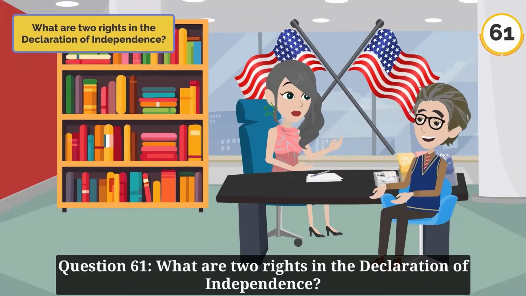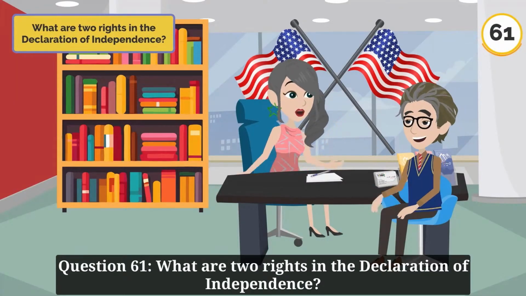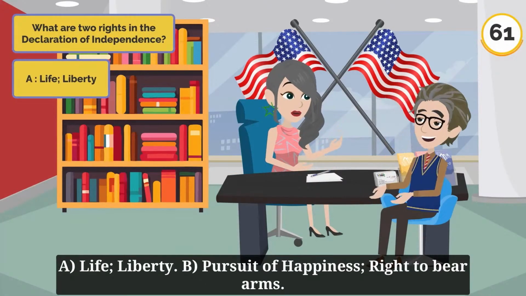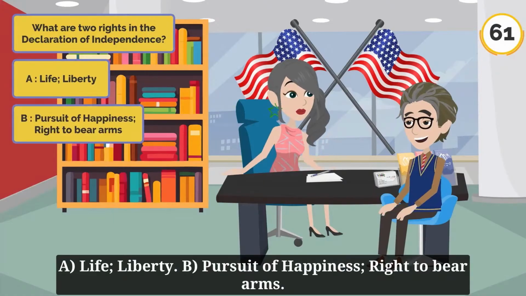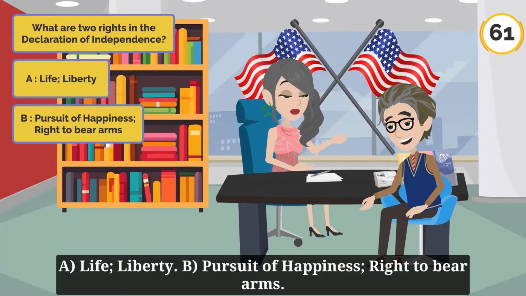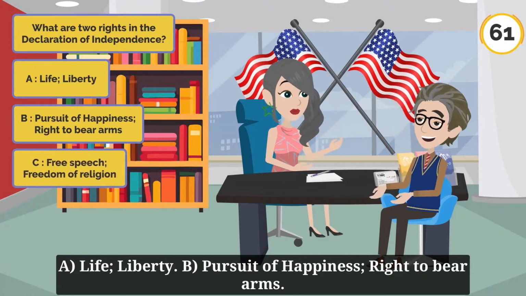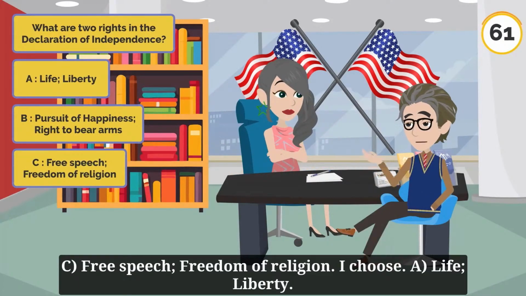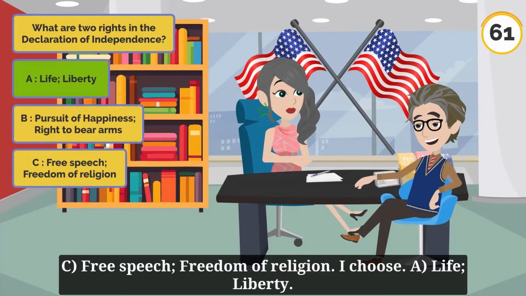Question 61. What are 2 rights in the Declaration of Independence? A. Life, liberty. B. Pursuit of happiness, right to bear arms. C. Free speech, freedom of religion. I'll go with A. Life, liberty. Correct.